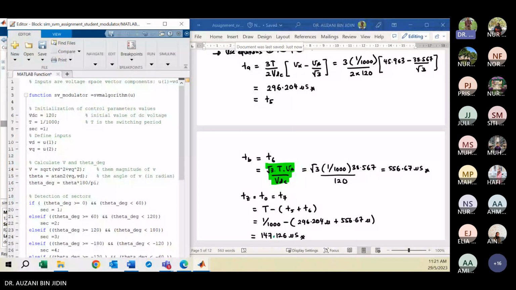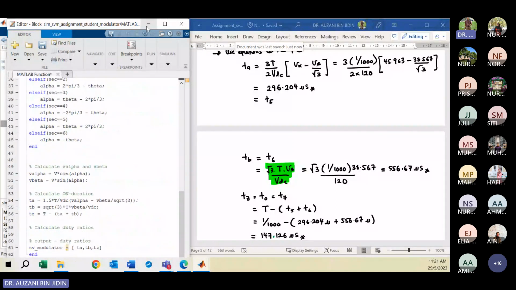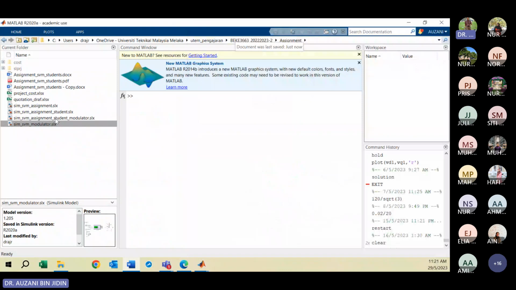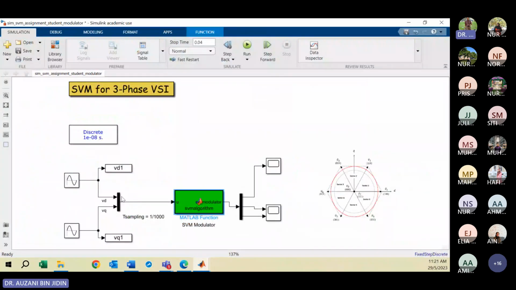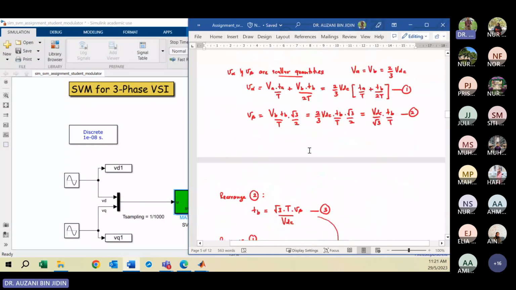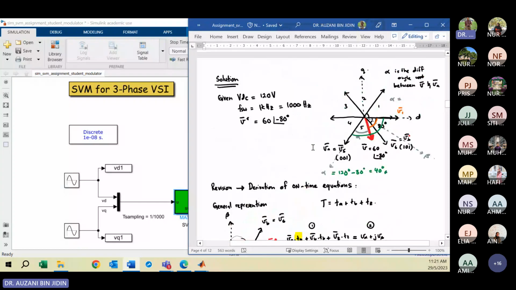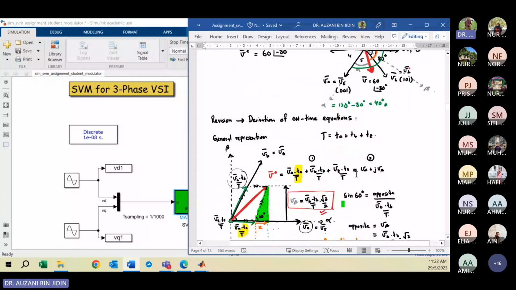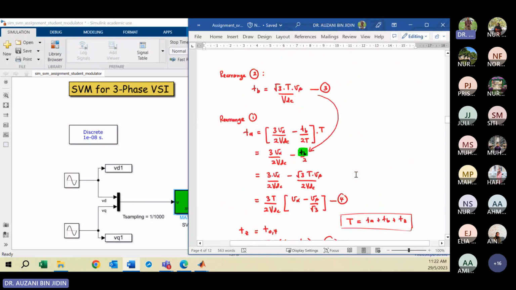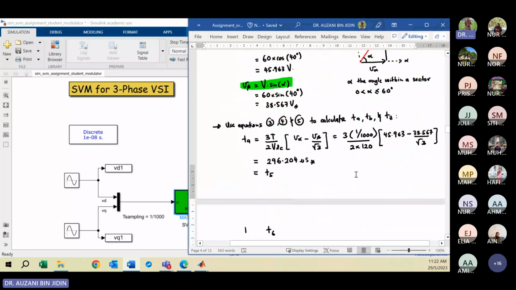So the output now is TA, TB, TZ. Then you go to the simulation model here. In order to compare with the calculation, since from the question given, where are your VD and VQ?